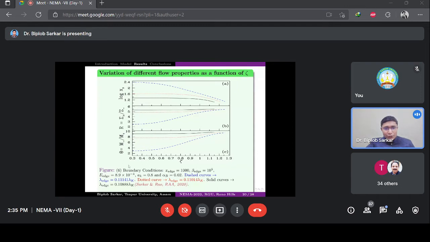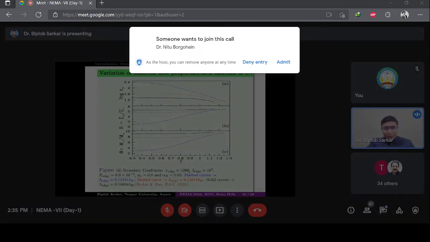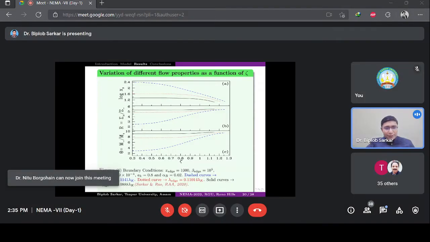Here the flow is injected from 1000 Schwarzschild radii with some fixed values of beta h, specific energy, the Kerr parameter chosen is 0.8, and viscosity, and the different lines here correspond to different values of angular momentum at the outer edge. We have chosen three different values of angular momentum.